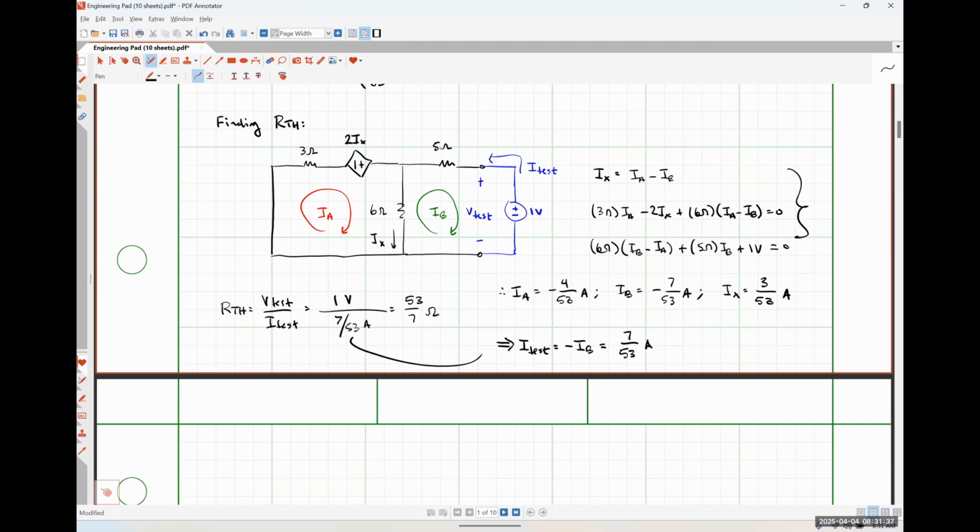So any questions about applying a test voltage source in order to find the Thevenin equivalent resistance? Yes, ma'am. So the 5 ohm resistor does not just see a 1 volt drop across it, because the 5 ohm resistor isn't in parallel to that 1 volt source.